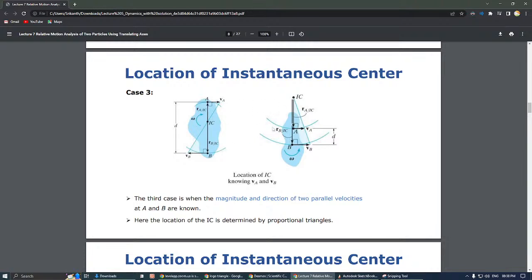If they are parallel, we have to make the triangle. If they are in opposite directions, we will get triangle in opposite sides. If they are in same direction, we will get no instantaneous center on the other side, on the side of the lower velocity.